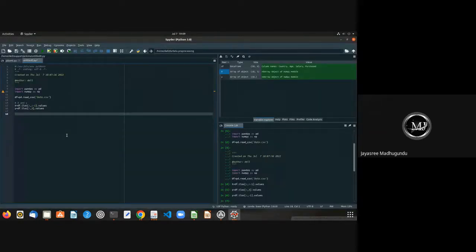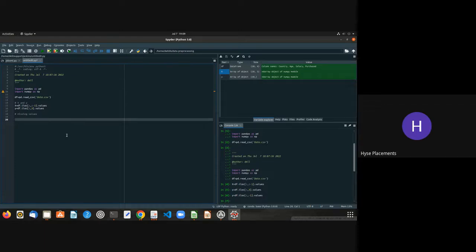Okay, so we'll start. We'll fill the missing values. If you have any doubts, ask about how to import libraries for missing data. That's what I'm importing now.